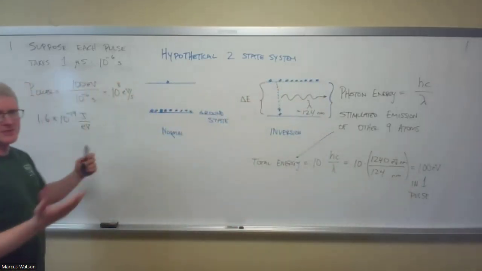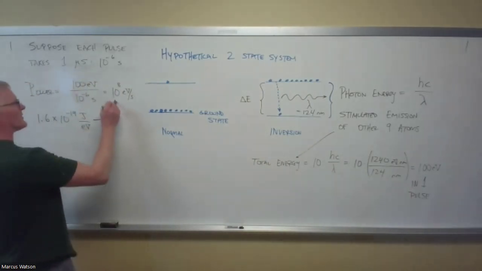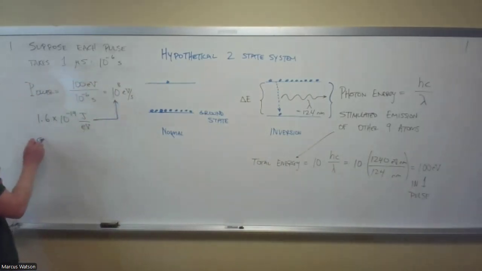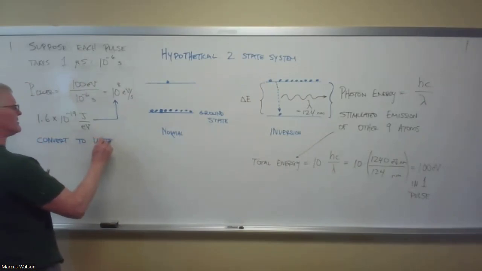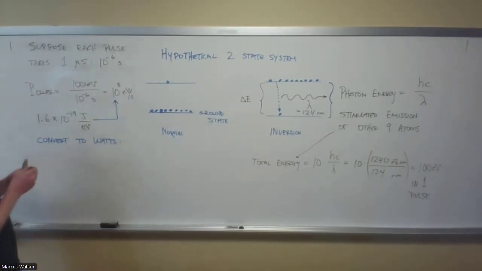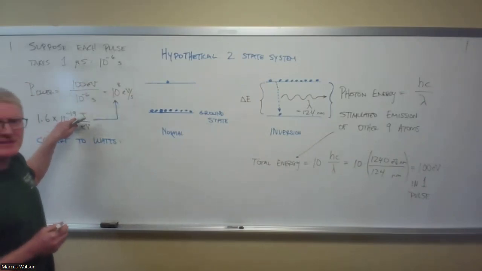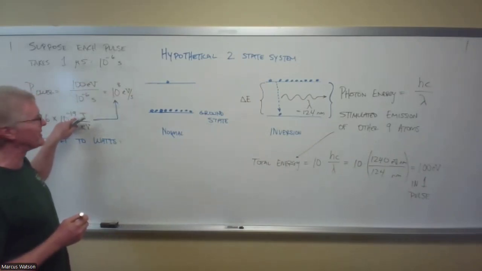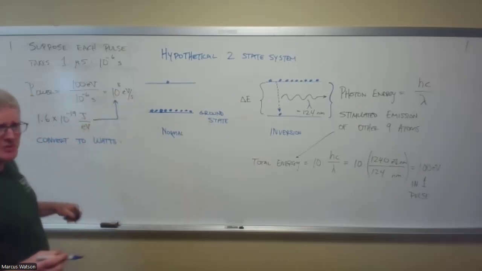Well, that plus the voltage. So if we do this and we convert that into watts, then we'll find that I need to multiply this. So I'm going to take the 10 to the 8th and 10 to the minus 19th. That's going to give me 1.6 times 10 to the minus 11. And that's going to be joules per second, which is that much wattage.